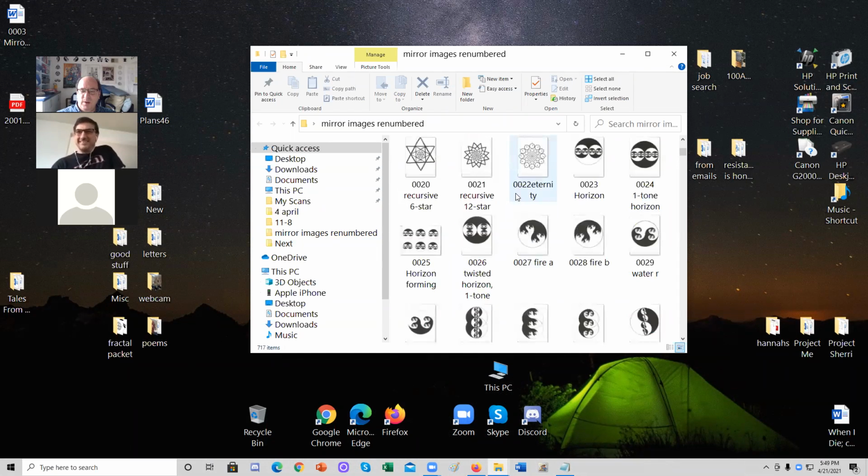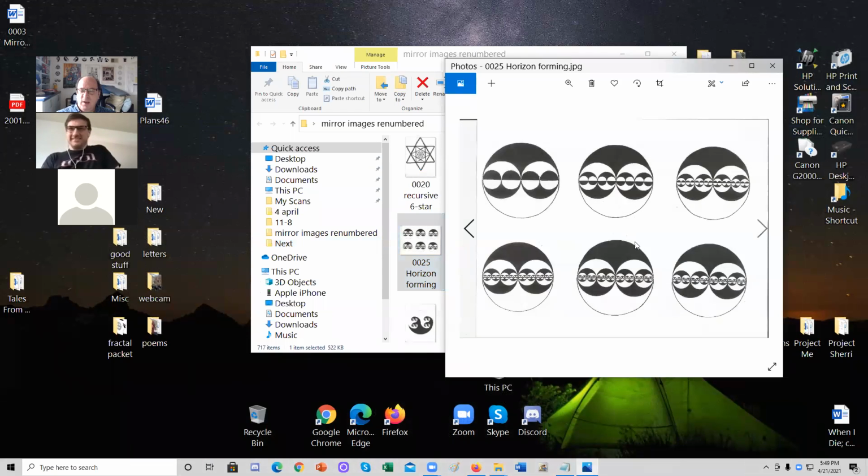Let me find one. Okay, this is Horizon, one of the first ones I made. I start off by making this by pencil and paper, compass, and marker. And I made two copies of this, reduced to 50%, here and here, and I cut and paste them into this.